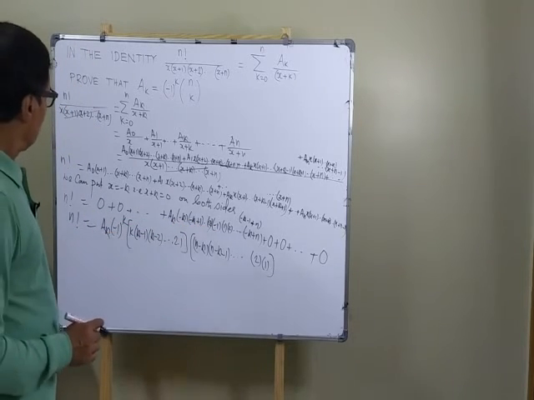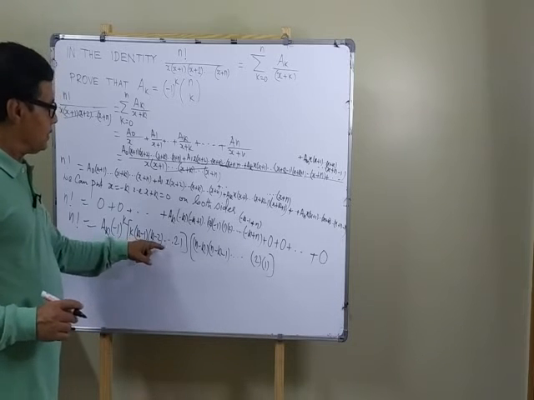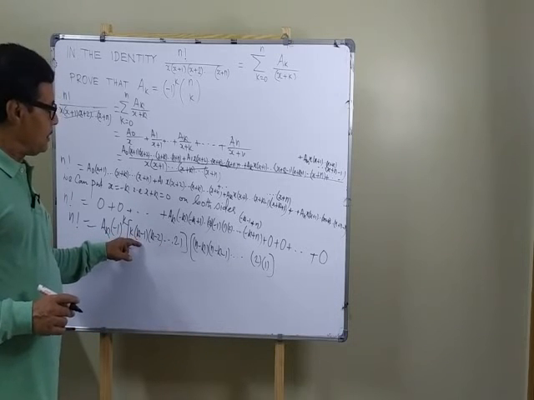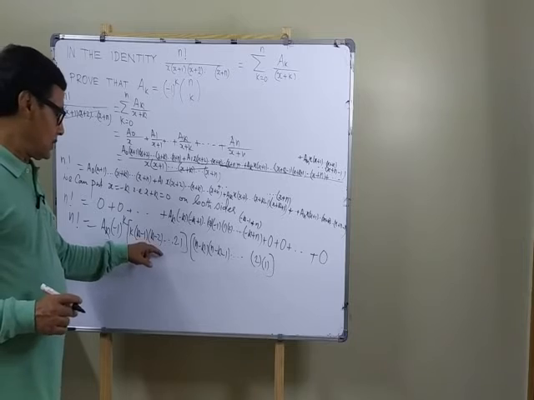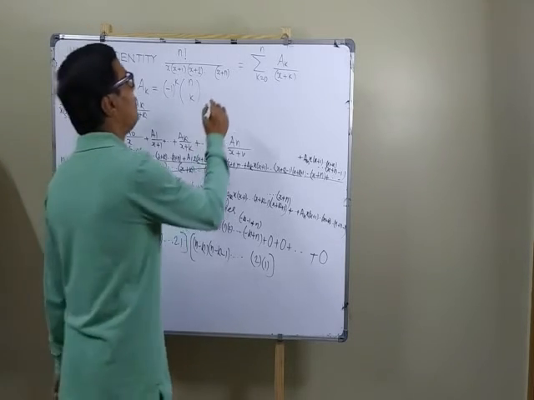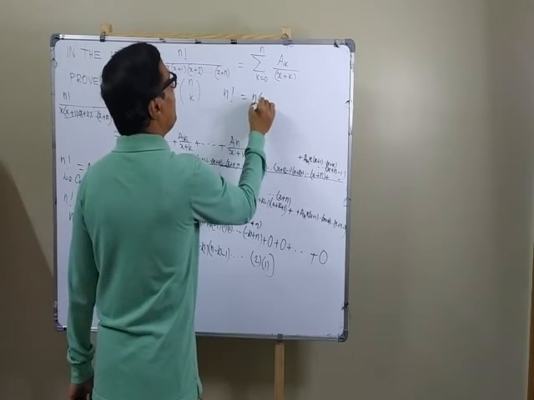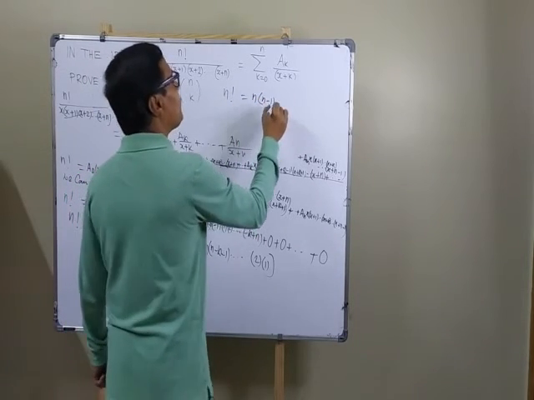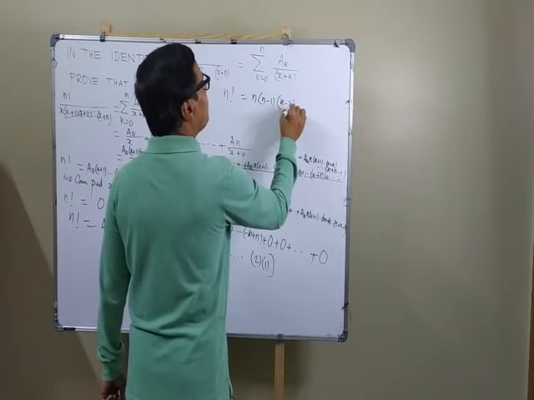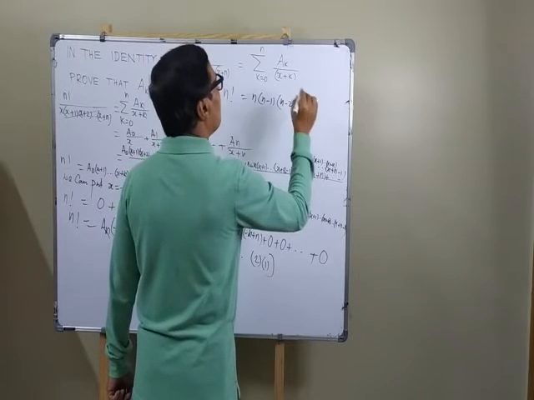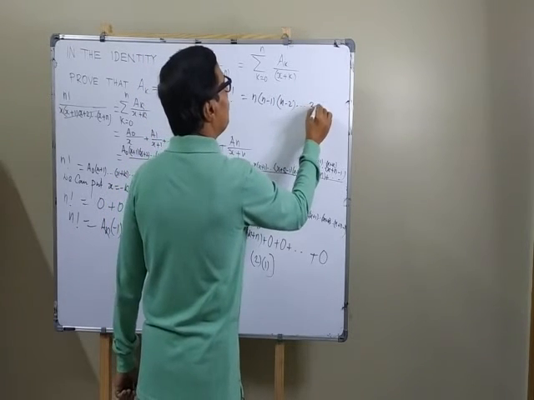We can write k factorial instead of these terms, because we already know the formula: n factorial equals n times n minus 1 times n minus 2 dot dot 3 to 1.